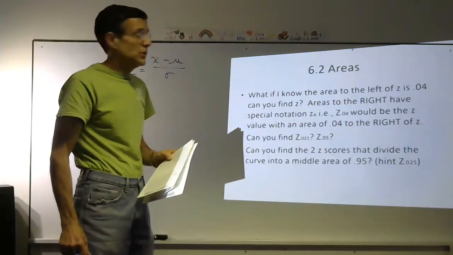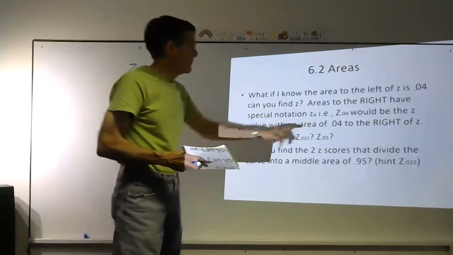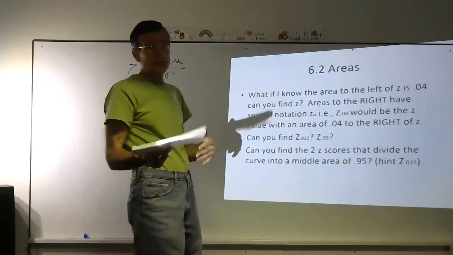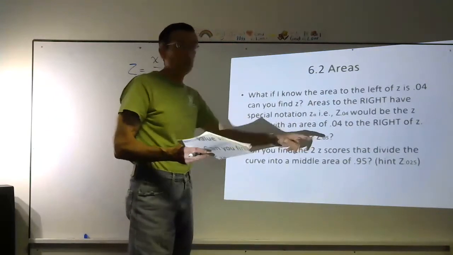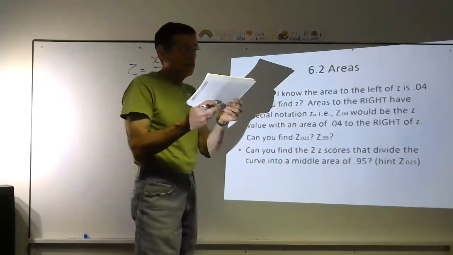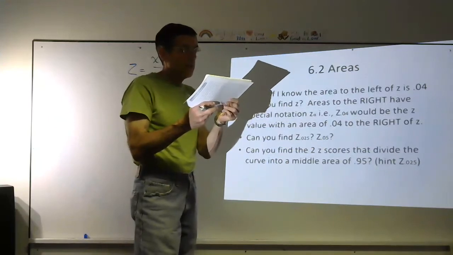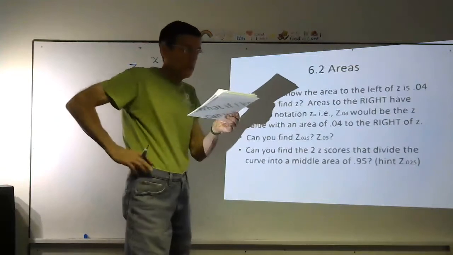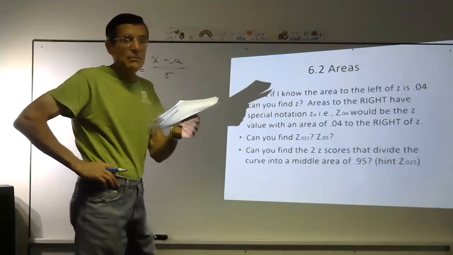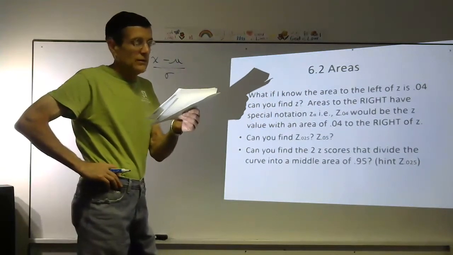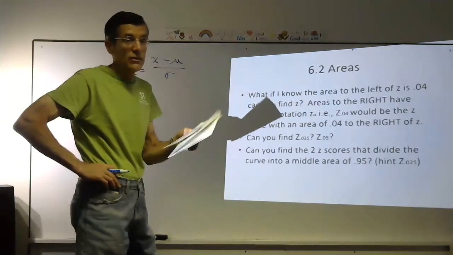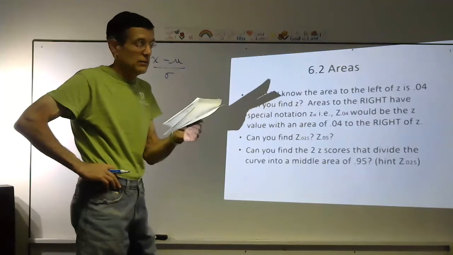Okay? Much easier. How about z sub 0.05? You could subtract from 1 and do a reverse lookup. I'm just going to look up 0.05. 0.05 is dead in the middle, perfectly in the middle of negative 1.64 and negative 1.65. Take a second, stop the video if you have to.